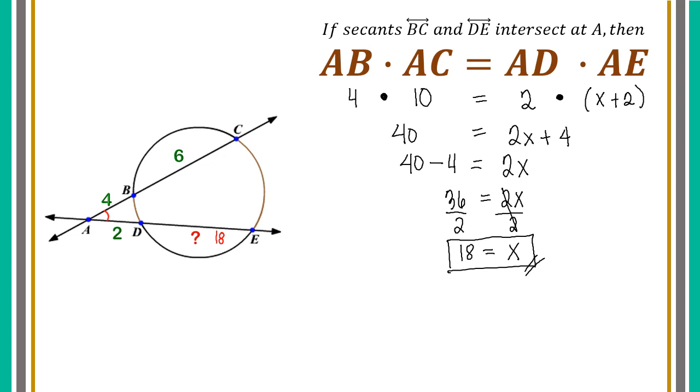So take note, if you are asked to find the measure of the given segment only, or to find the measure of the entire secant, or you take note if you are supposed to find the value of x only. Now, aside from this, you can make use of other process as long as we will arrive with the same answer. Okay, so we're done with this example. Let's move on to the next one.